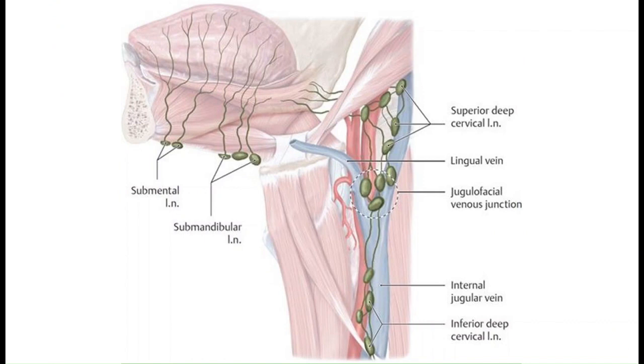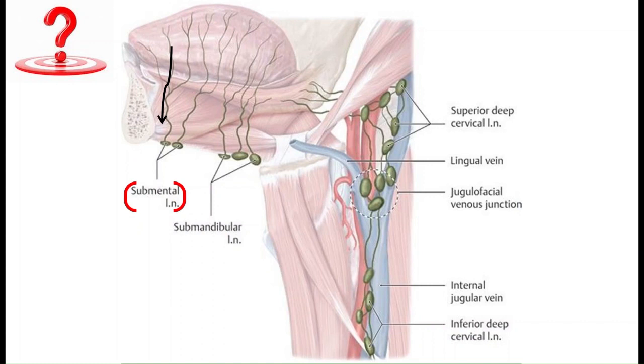What is this image telling me, and what questions should I ask myself? First of all, if I look at the tip of the tongue and the most anterior part, then microbes or cancer or anything that spreads through lymphatic vessels will end up in the submental lymph nodes. Where are the submental lymph nodes?